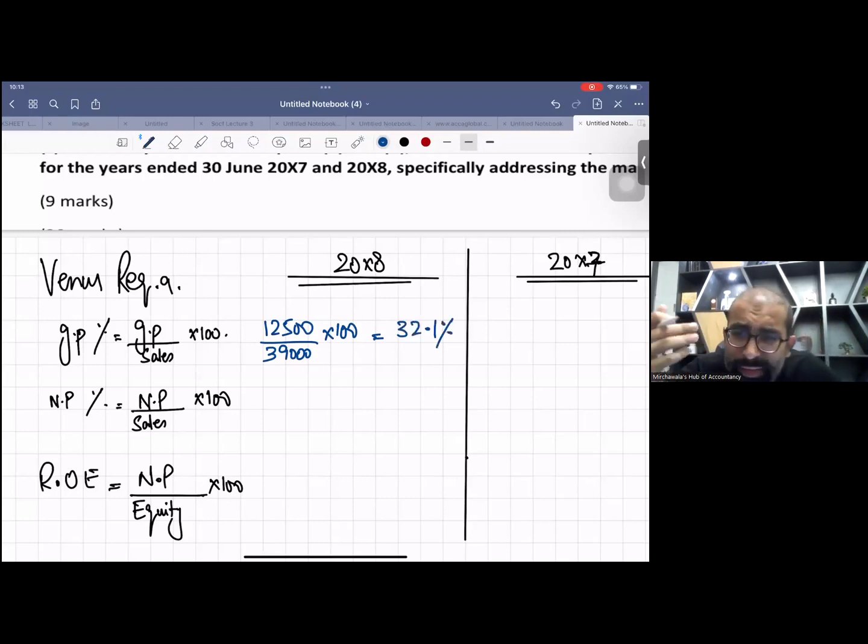Simple data from the extracts. Last year, your GP was 11,000. Your sales was 32,000 times 100. It's 34.4%.